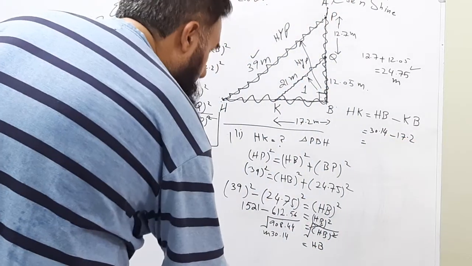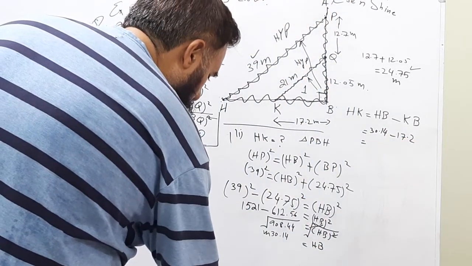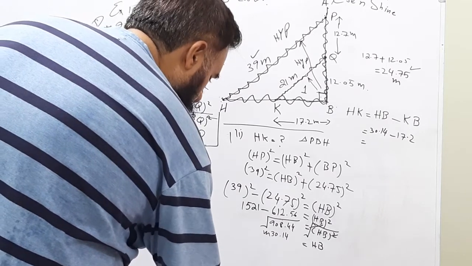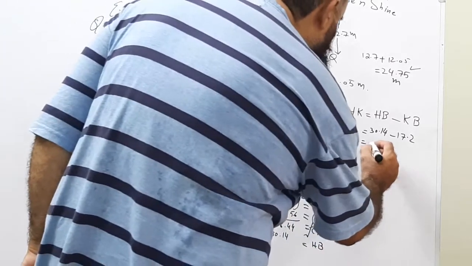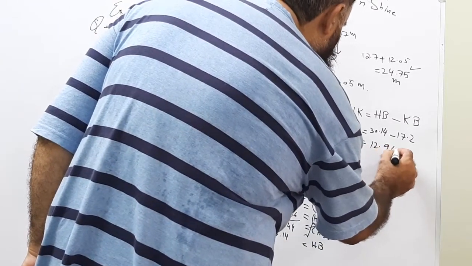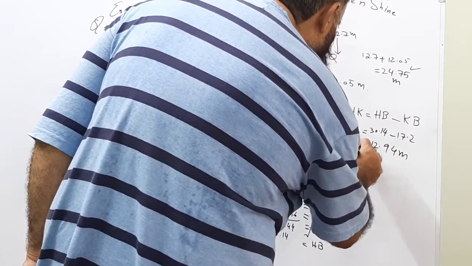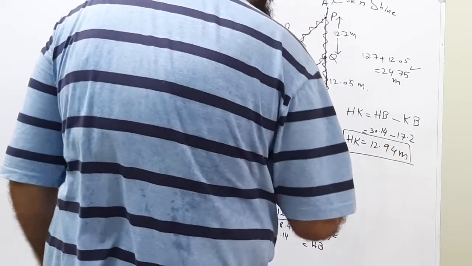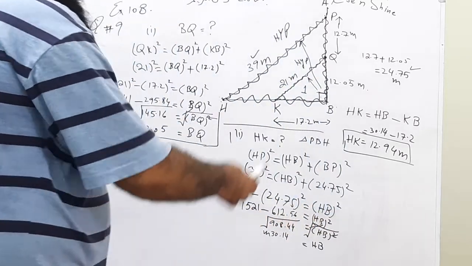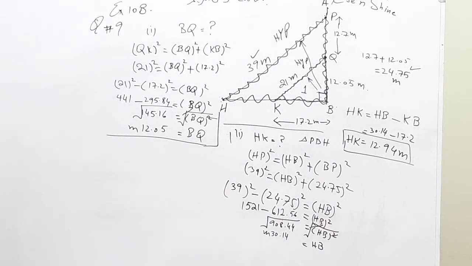So we will find the difference. 30.14 minus 17.2 becomes 12.94 meters, HK. So this is our required value which we were looking for. So this is the solution. HK is equal to 12.94 meters.